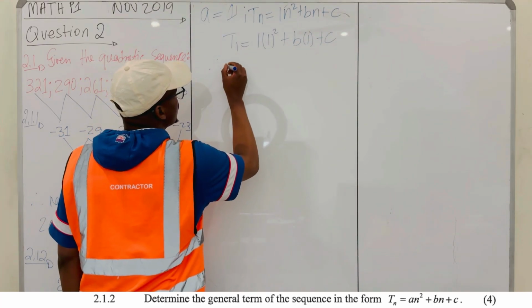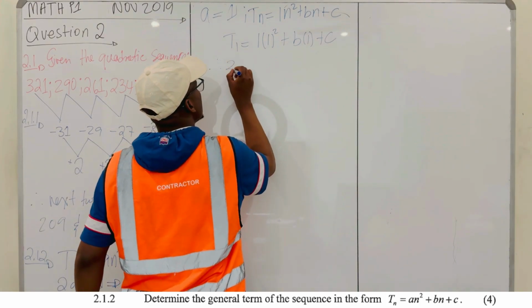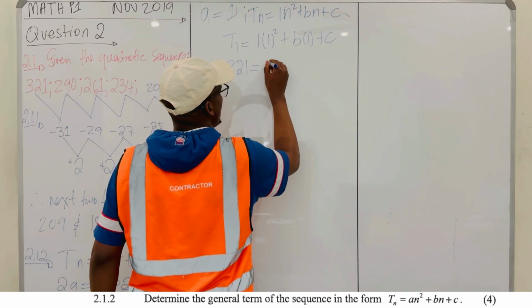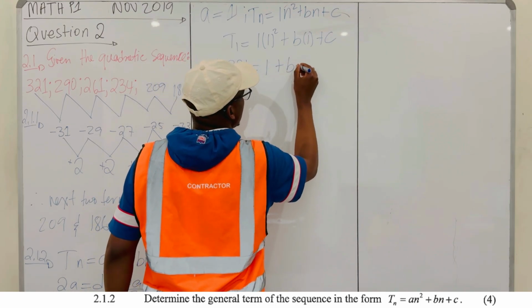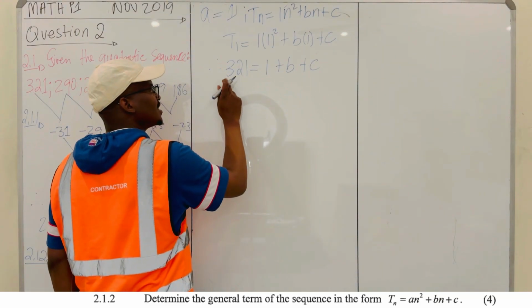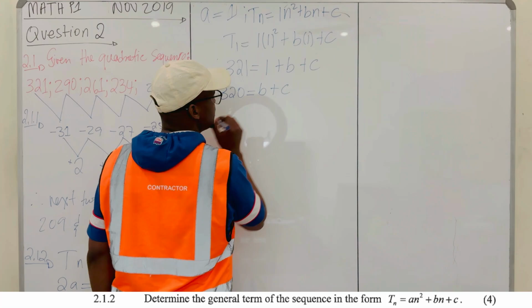Your T1, you know it, is 321, which is equal to 1 plus b plus c. So let's transpose this to the other side. So you have 320 is equal to b plus c.